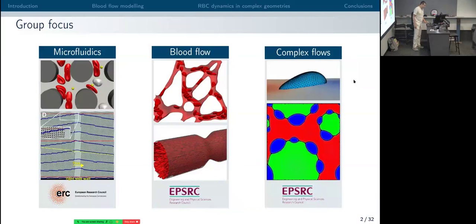Before I give you an overview of the actual presentation, just a bit of information about the research group. We have been doing research in several areas, all related to fluid mechanics. The first one on the left is microfluidics, which is mostly focused on blood flow, but it can also be particle manipulation, typically in artificial geometries like microfluidic devices.